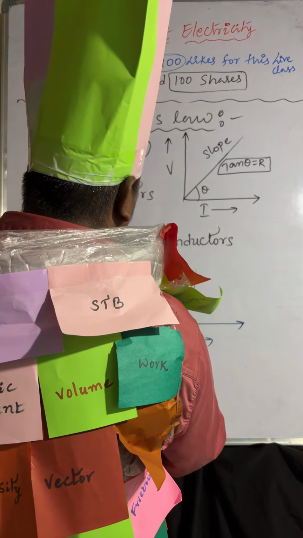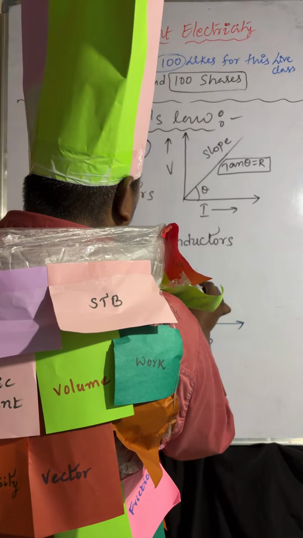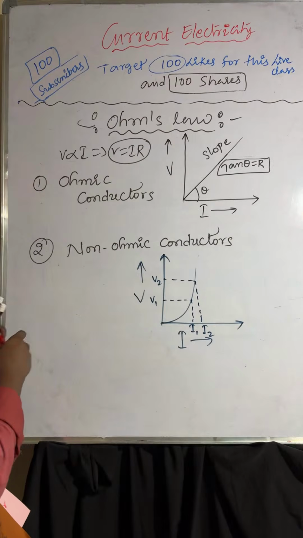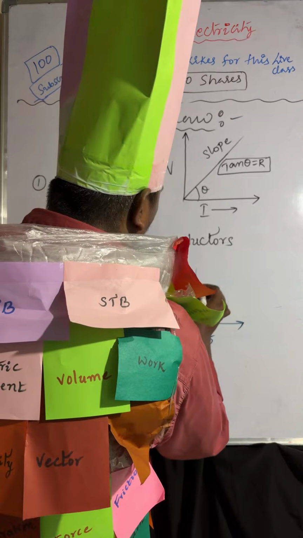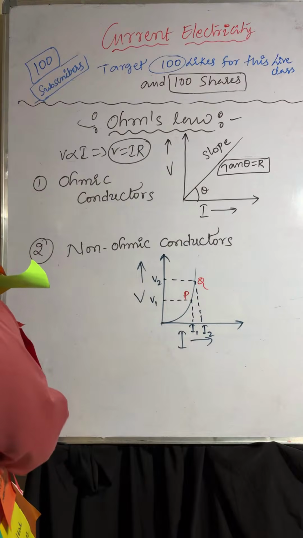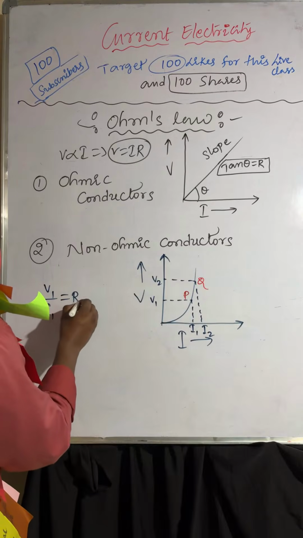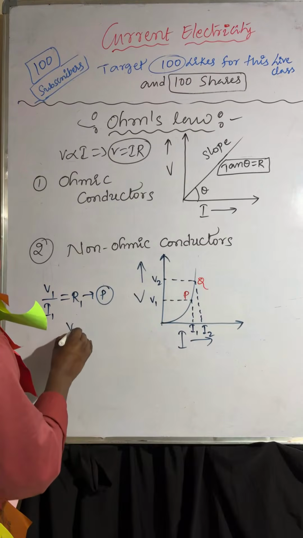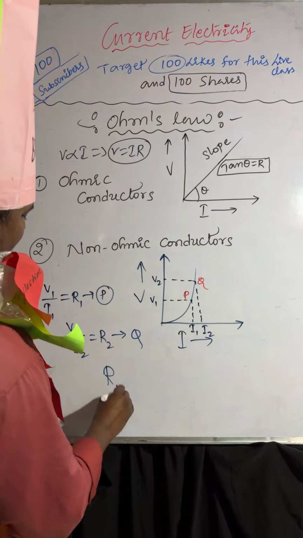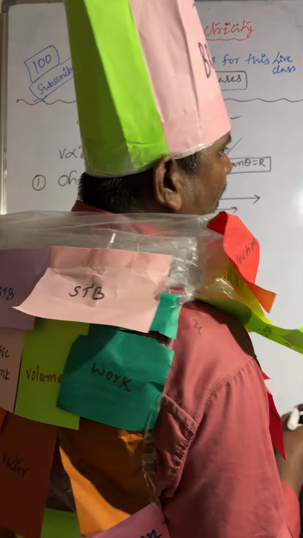Here you can observe V1, I1, V2 and I2, at points P and Q. V1 by I1 equals R1 at P, and V2 by I2 equals R2 at Q. But R1 is not equal to R2.